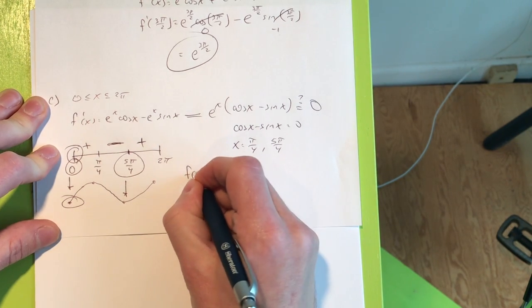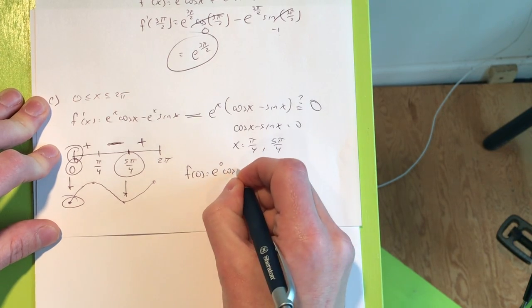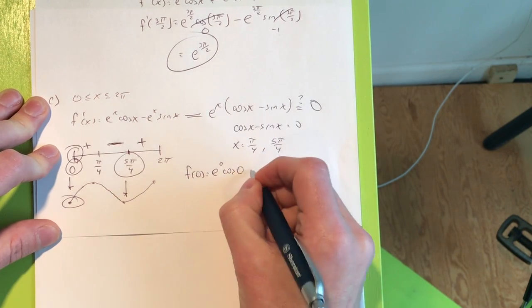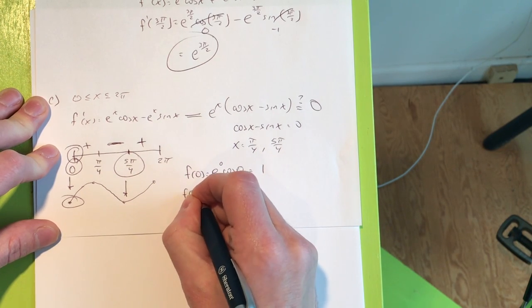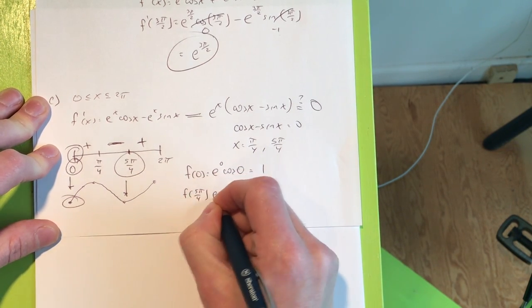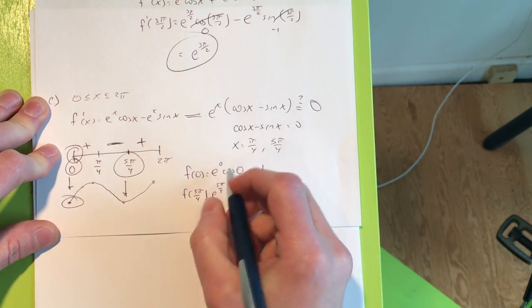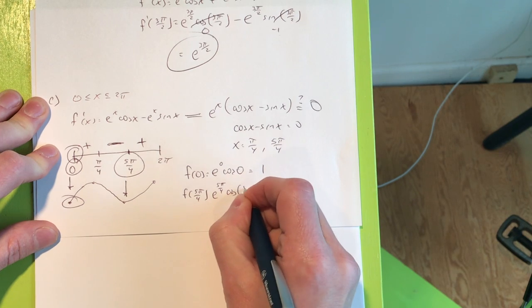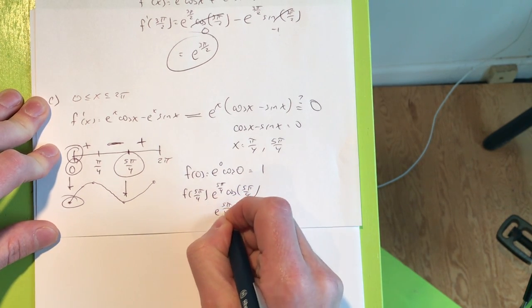We want to find f of 0. Plugging in, that's e to the 0, cosine of 0. That gets us 1. If we've got f of 5 pi over 4, that's e to the 5 pi over 4. That's greater than 1. And then cosine 5 pi over 4. So this is e to the 5 pi over 4.